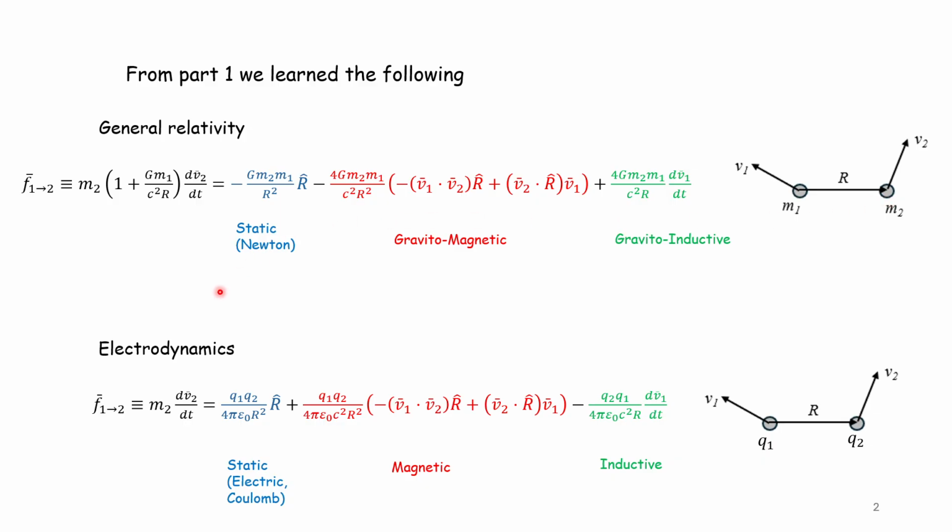We compared last time with electrodynamics, and we found a striking similarity where kinematic effects have the same structure. Velocity and acceleration appear with the same structure. We have a 1 over distance dependence in the inductive term in both cases, 1 over distance squared for the magnetic in both cases, and 1 over distance squared for the static.